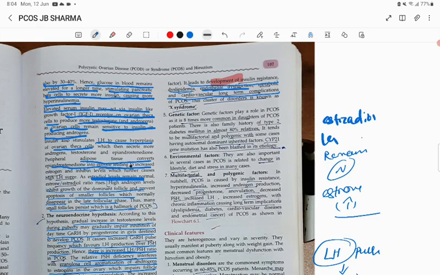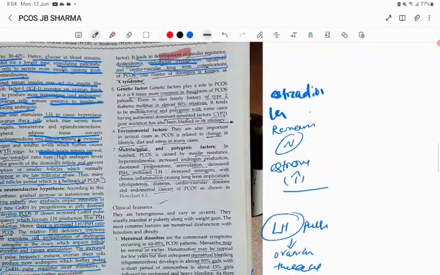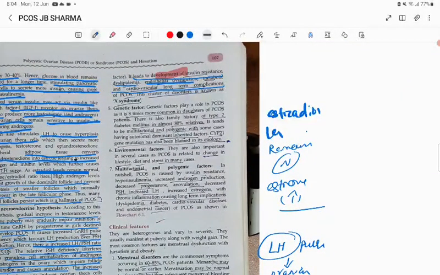The genetic factors also play a role in PCOS development. Low-grade chronic inflammation leads to PCOS through CRP, IL-18, and TNF-alpha, causing insulin resistance, dyslipidemia, endothelial dysfunction, and metabolic and cardiovascular long-term complications. Then the genetic factors: PCOS is 8 times, remember, 8 times more common in daughters of PCOS patients.